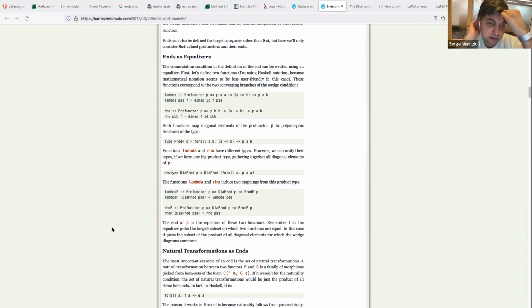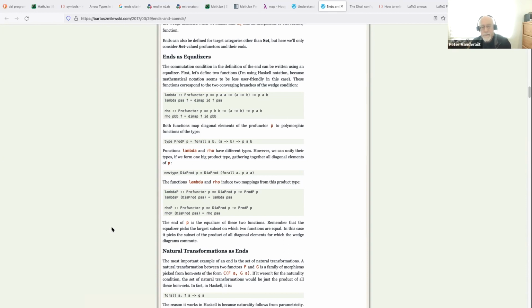I don't understand why you're allowed to apply lambda to a forall A PAA. His notation is confusing because PAA there is one of those forall things, whereas the PAA that he used up in the lambda definition is the value of the cell PAA.